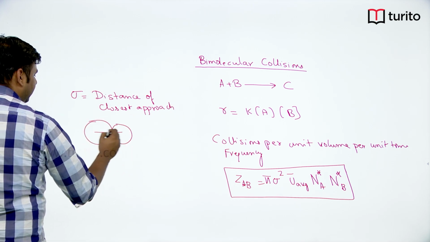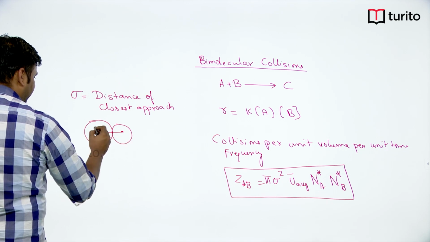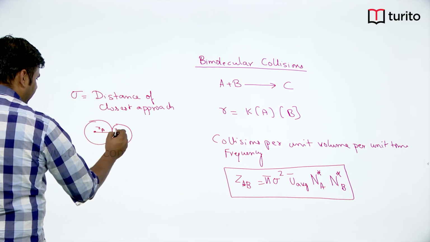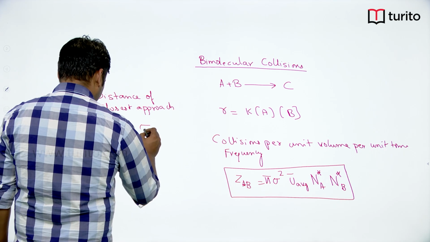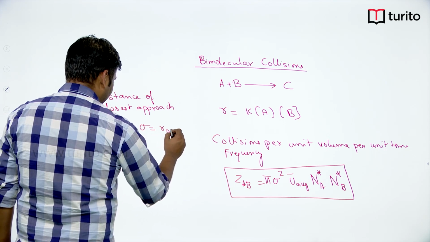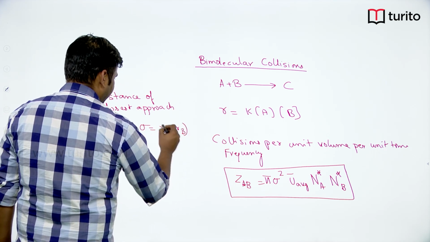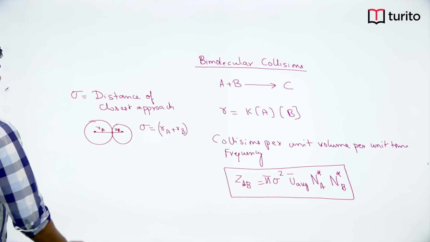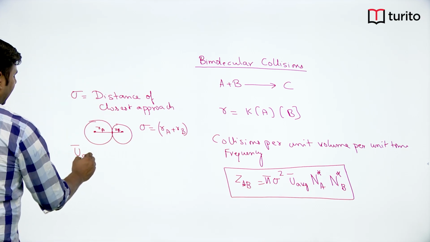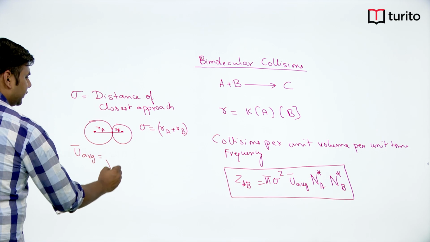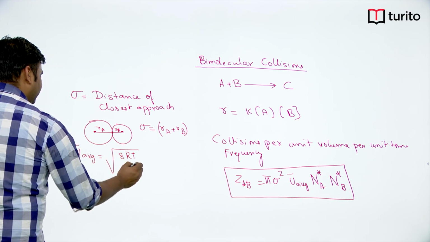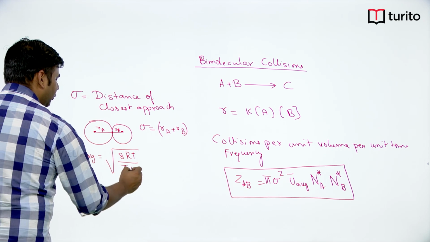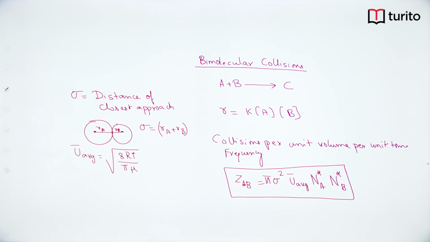If this is RA and this is RB, the distance of closest approach would be when they are just touching each other. So sigma in this case would be RA plus RB. U average is the average speed, so this will be the square root of 8RT upon pi mu. Sometimes it is also written with 8kT.